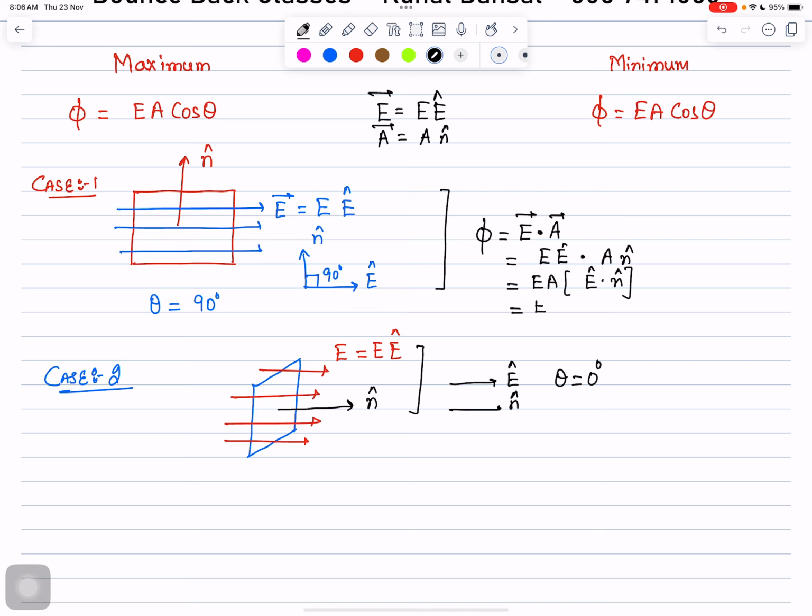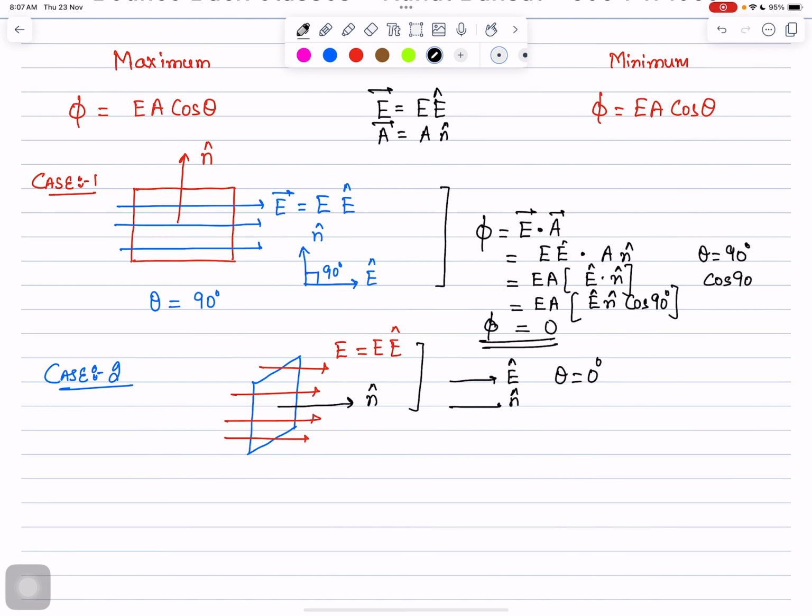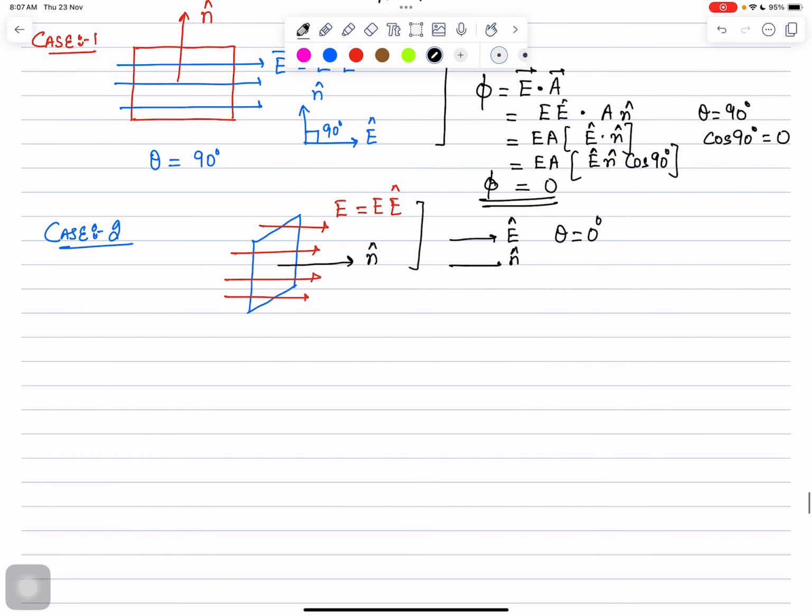In the first case, angle is 90. So cos of 90 degree, and cos 90 is 0. So the flux is 0. Clear, guys? Flux value is 0. Cos 90 degree is equal to 0. Fine? Okay, now case number 2.